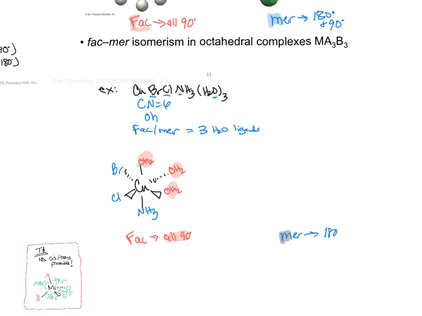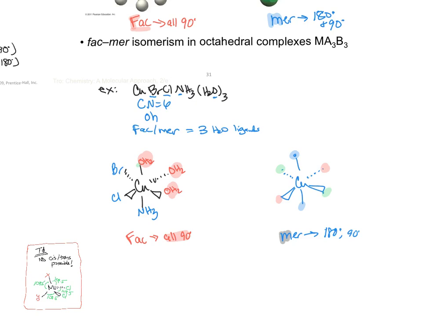I know I need 180 degrees and 90 degrees for my 3 identical ligands. Copper in the center, line, line, wedge, wedge, dash, dash. And again, there are many different options for where to put these at 180 degrees. So again, 180 would be here, or here, or here.